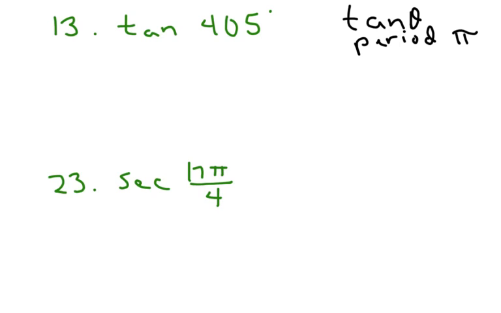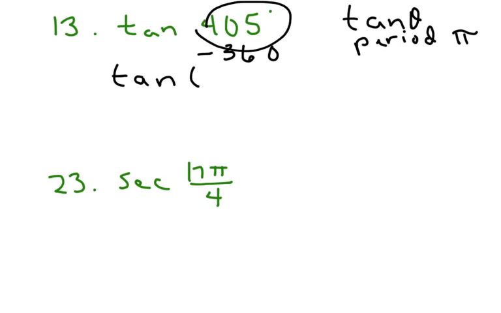Since this is such a large number, I'm going to go ahead and subtract 2 pi's. So I'm going to subtract 360. And I get 45. Or you can look at it this way: tan of 180 plus 180 plus 45 is really the tan of 405 degrees.